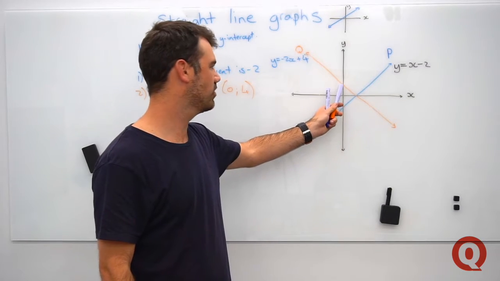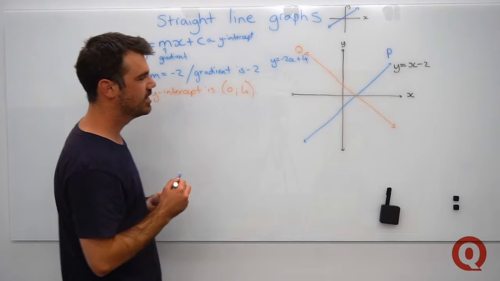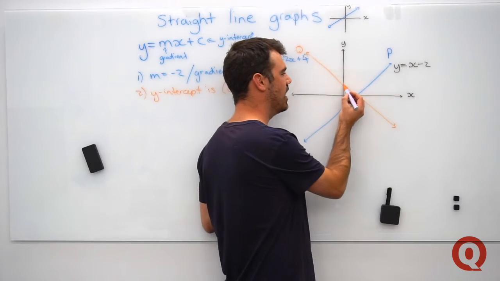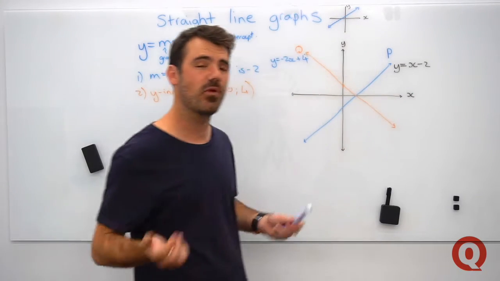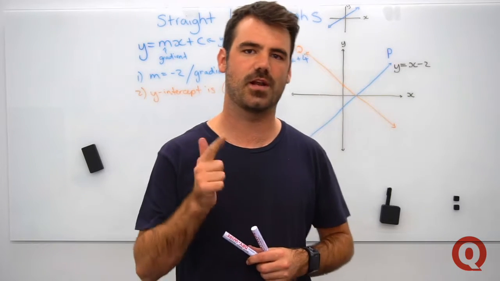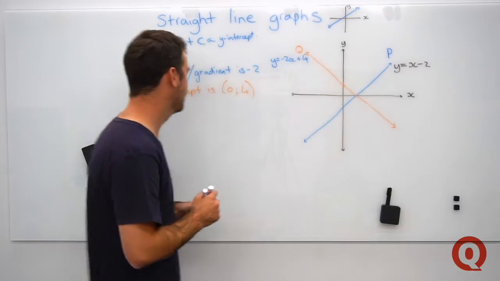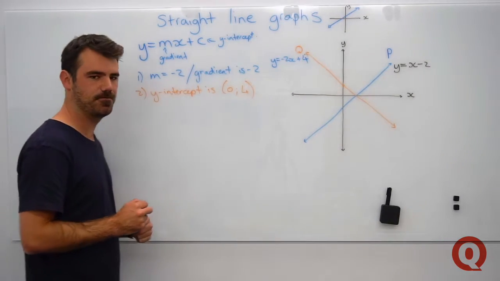You could say 4. But if they're talking about the y-intercept, they're talking about that point over here, and every point on a Cartesian plane always has an x and a y coordinate. So that's the answer to number 2.